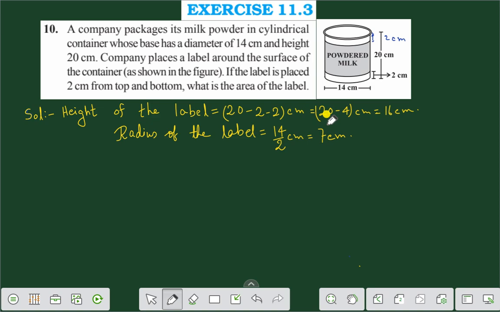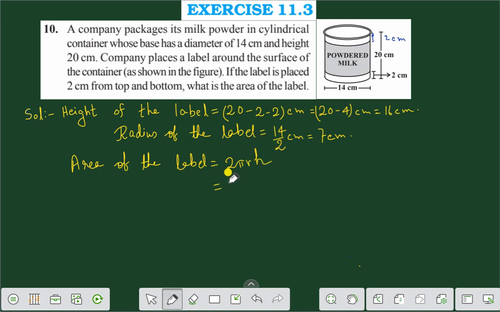Therefore, area of the label is equal to 2 pi r into h.